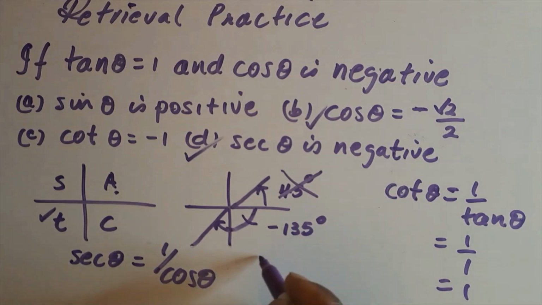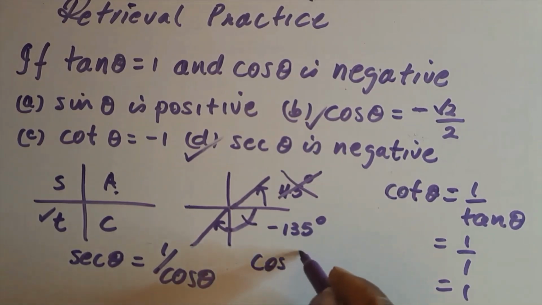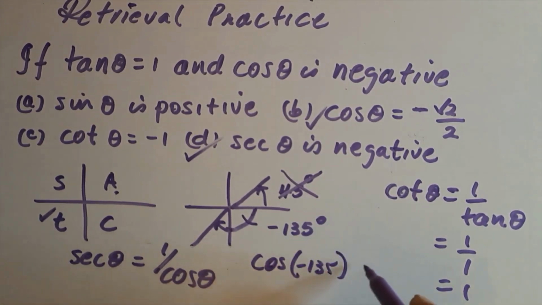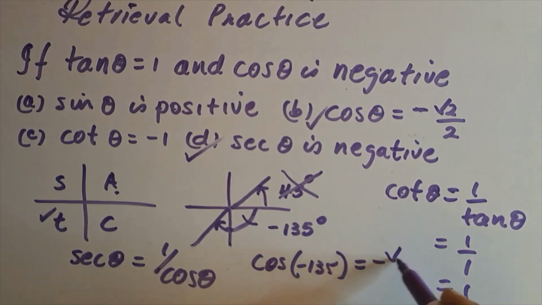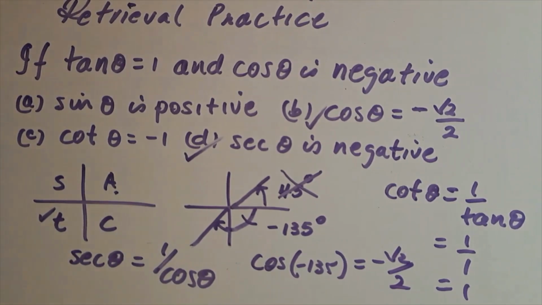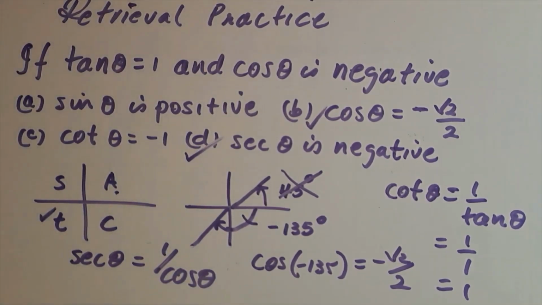When we put in cosine of minus 135, we get minus root 2 over 2. Cot theta cannot be minus 1 because the reciprocal of tan theta is just positive 1. And lastly, sec theta is negative: if cosine theta is negative, then the reciprocal of cosine will also be negative.